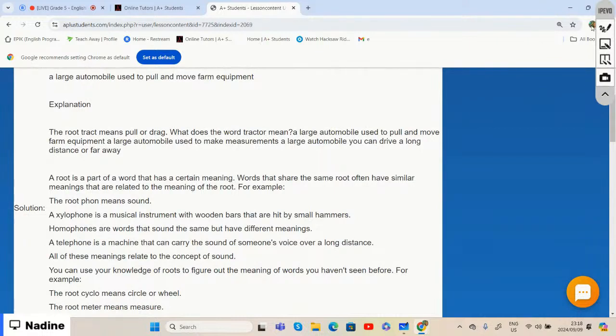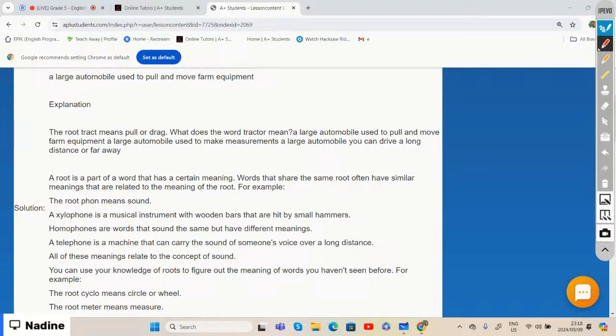All right. So now, when we look at the roots, it says a root is a part of a word that has a certain meaning. And we made an example of biblio, we made an example of gram, and we made an example of lingo. All three of those Greek and Latin roots were part of a specific word, and they have a meaning.